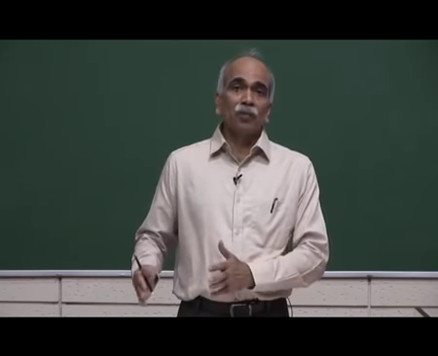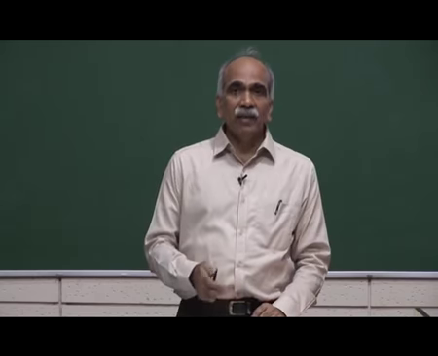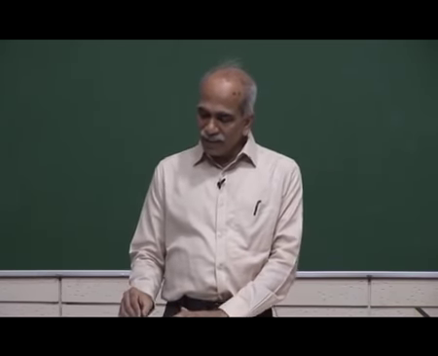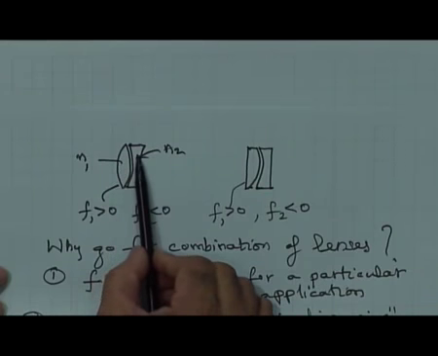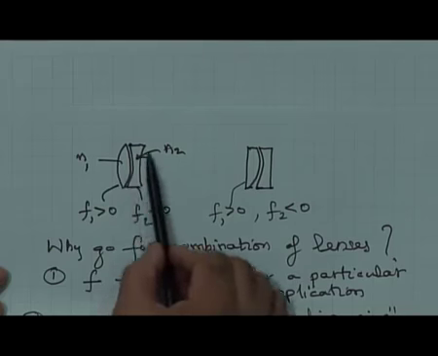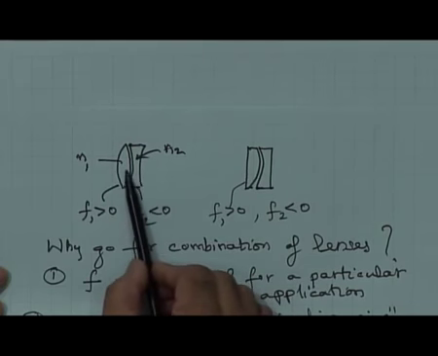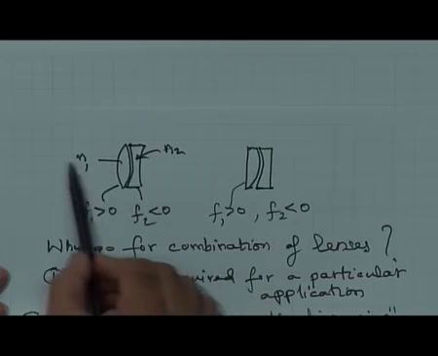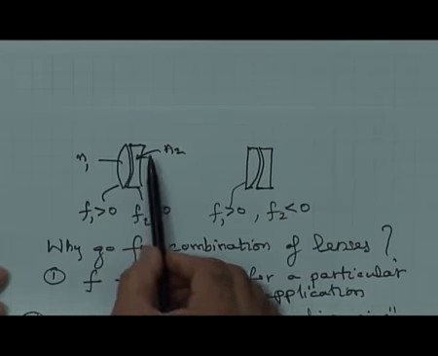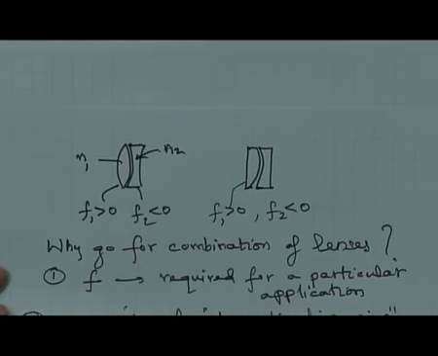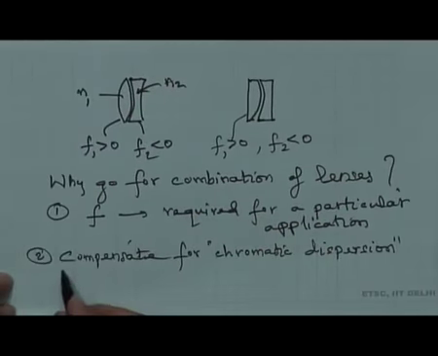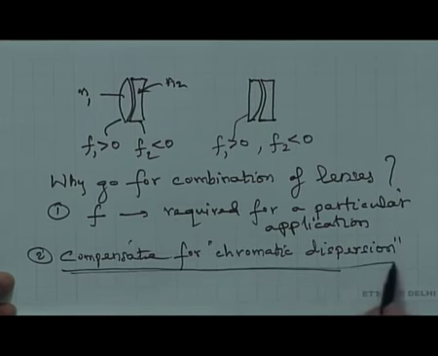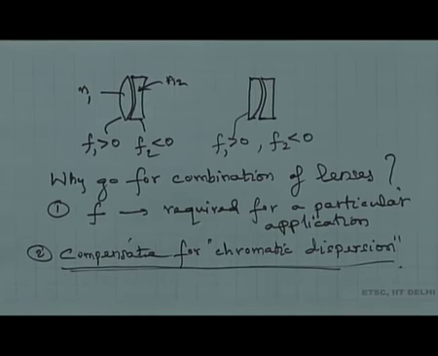The effects of chromatic dispersion we will discuss a little later, but compensation means the dispersion due to one lens can be compensated by the dispersion due to another lens if the materials are different, so that for all wavelengths the behavior of the lens is the same. We will discuss this at a later stage, but this is the major application of using a combination of multiple lenses.